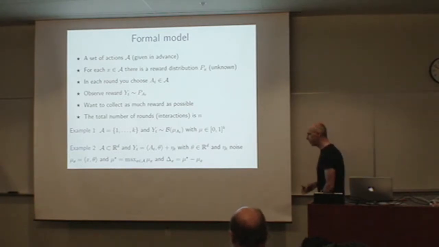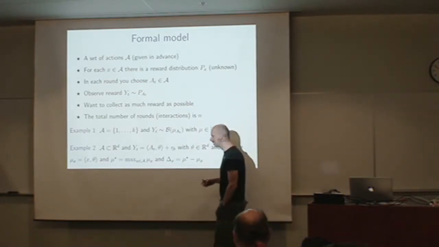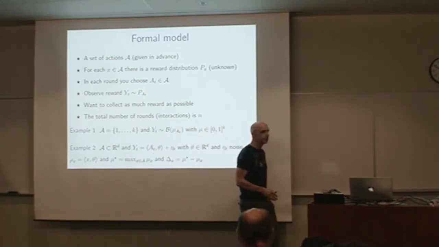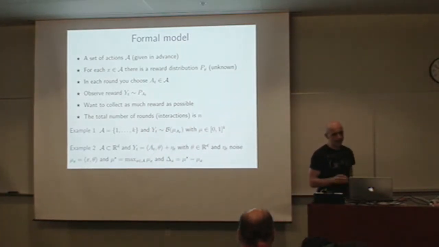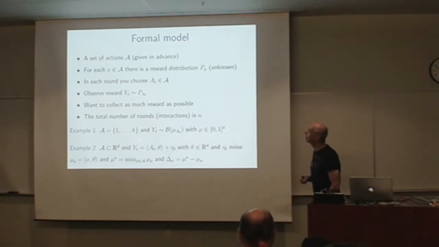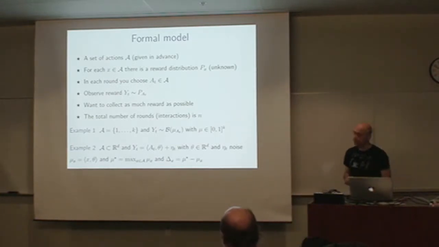So the purpose of the talk is to bash certain algorithms, and for this we're going to use a simple setting, and the model for the simplest setting is on this slide. You have a set of actions, and it's a finite set of actions.